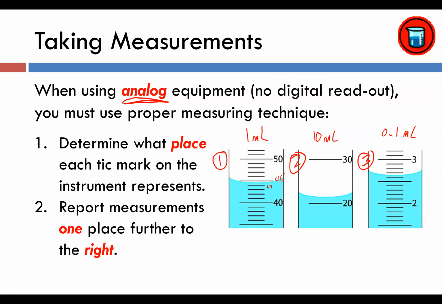It doesn't mean one of us is right and one of us is wrong, so long as we're reporting to the correct place. So when I look at this, I see 44.9 milliliters from the bottom of the meniscus. Maybe you see 44.7 or 44.8. All of those are okay. We know the 44. The last digit is uncertain. Go ahead and try out graduated cylinders 2 and 3.